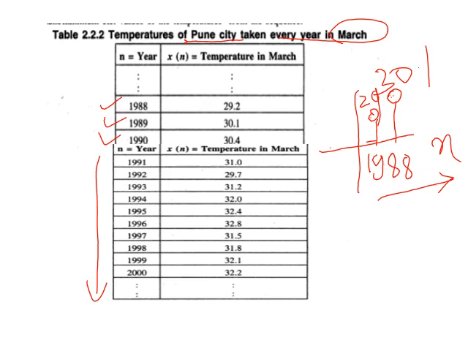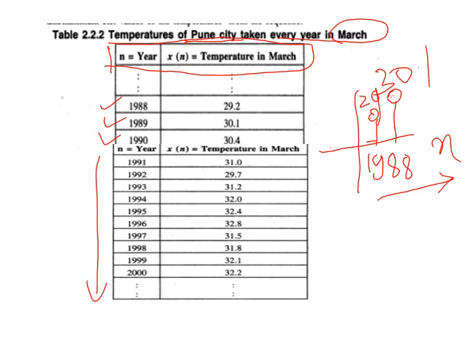See here, you will get this concept. Which month have we recorded this? We have recorded this in the month of March every year. So between 1988 and 1989 there is nothing; only the month of March is given importance here, and other months are neglected. So what is the discrete value? 1988 in the month of March is 29.2.